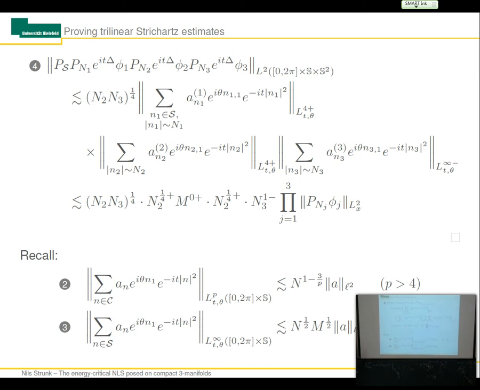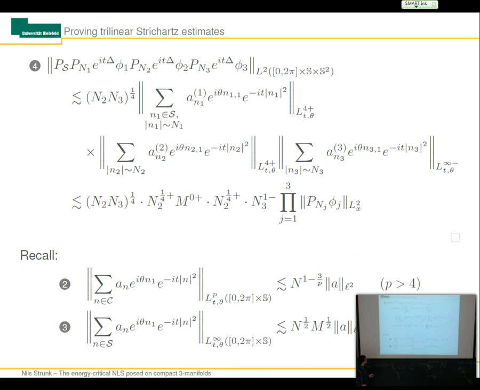And since we interpolate again between those 2 estimates, we get a little factor of n again. It's very simple again: just use the strength of the L infinity norm. And we do the same here, so this gives again n2 to the power of 1/4.